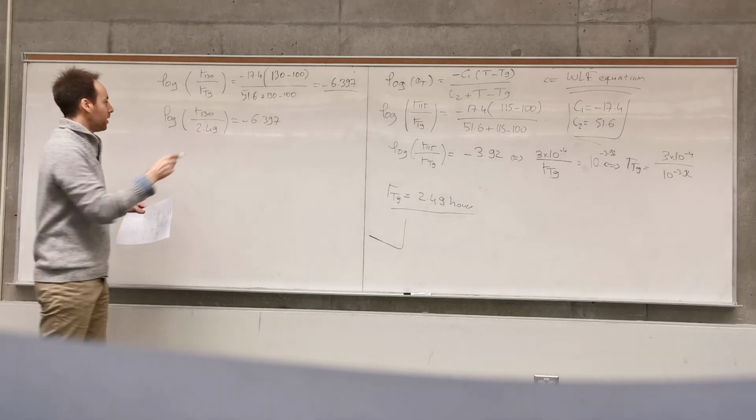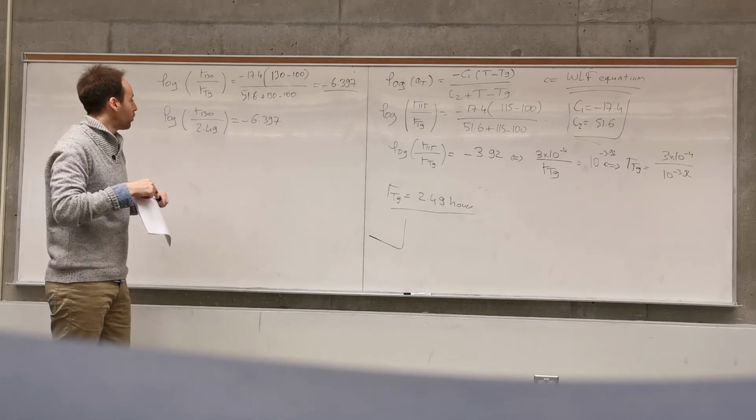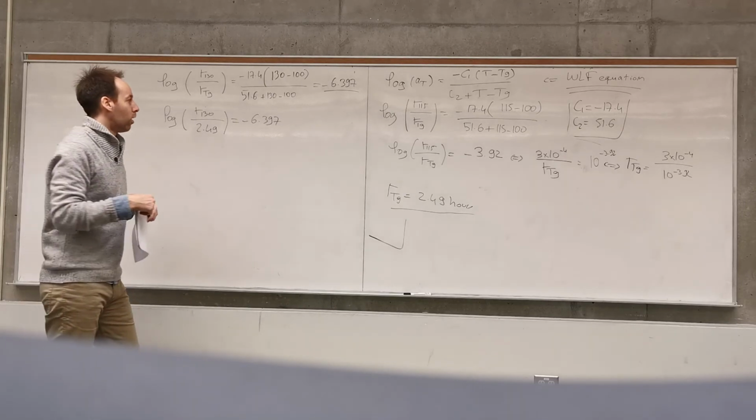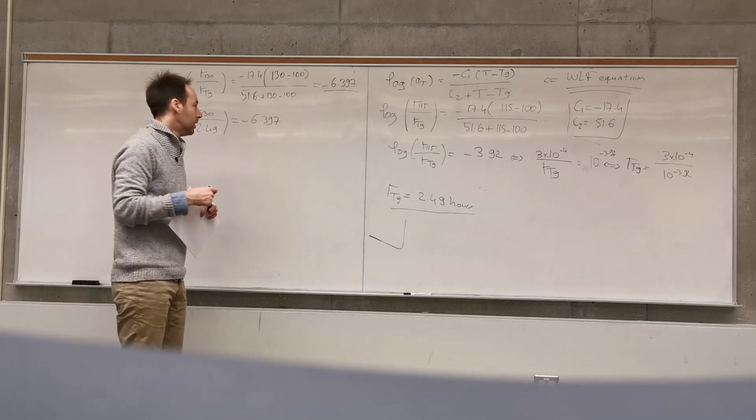And so now we can calculate the time after which the polymer will reach a relaxation modulus of 0.1 gigapascal at 130 Celsius degree.